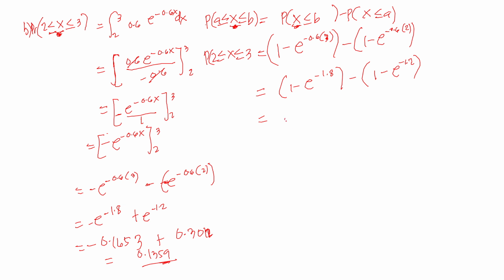0.8347 minus 0.6988. So 0.8347 minus 0.6988 is equal to 0.1359.